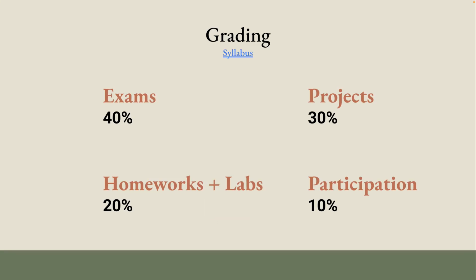So at the beginning of the semester, I said this was going to be the breakdown for grading. So exams are 40%. So the way I see it, every student should be able to get at least a B in this class. Because if you do the projects, you do the homeworks, and you participate, that's already 60%. So even if you got a 50% on every exam, you would still end up with an 80 in the class, right?